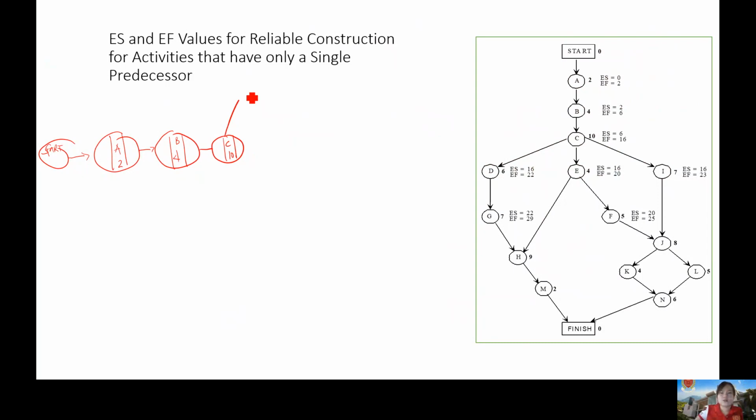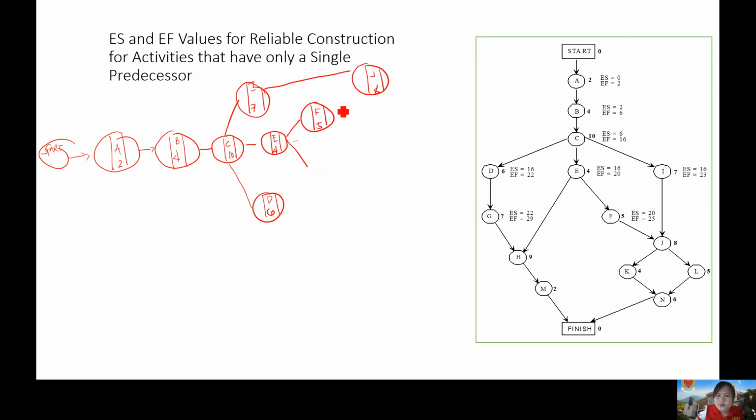I, 7 weeks. D, 6 weeks. E, 4 weeks. F, 5 weeks. J, 8 weeks.